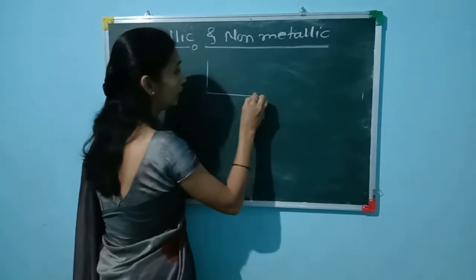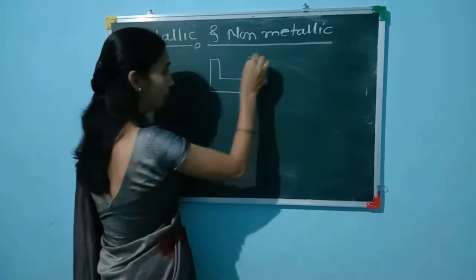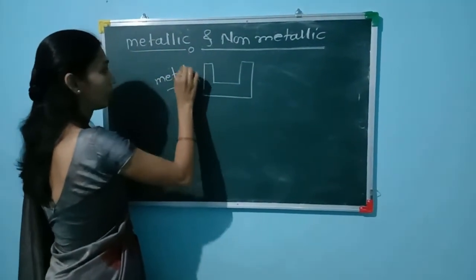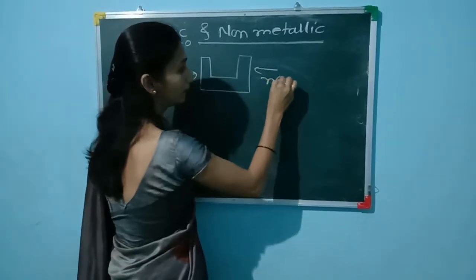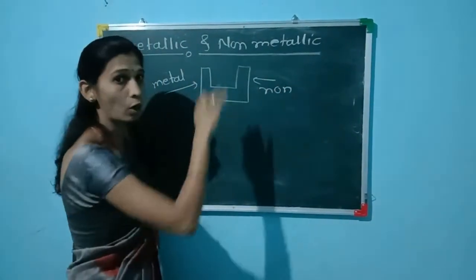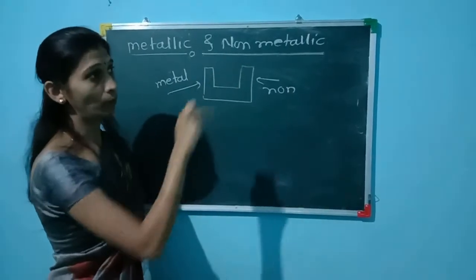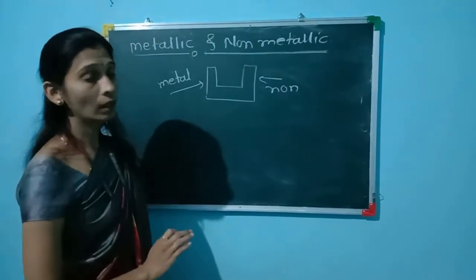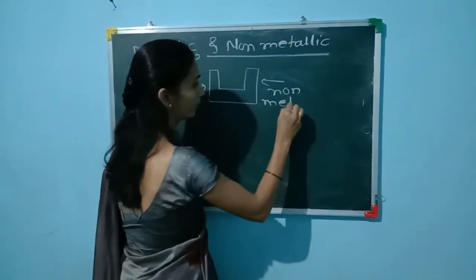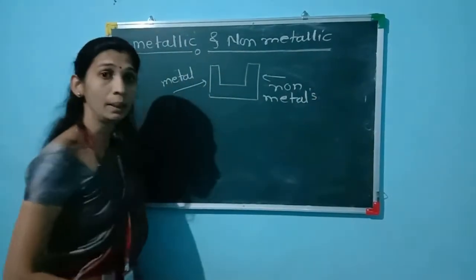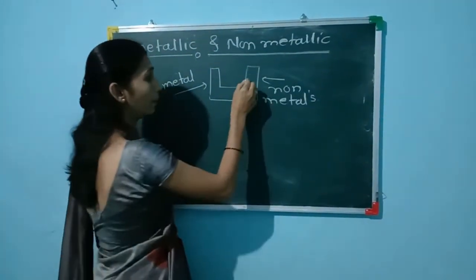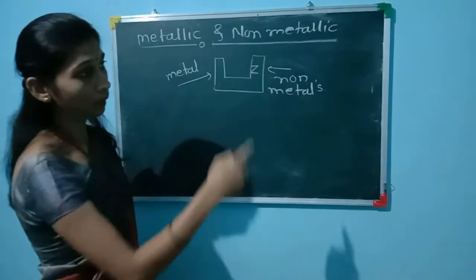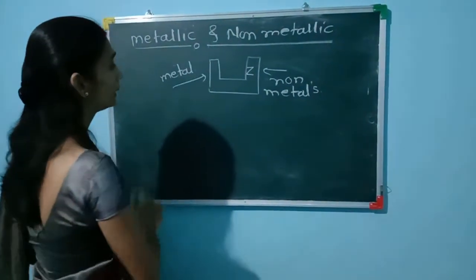In the periodic table, the metals are placed on the left side while the non-metals are placed on the right-hand side. The S block as well as the D block contain metals, and the metalloids are placed in a zigzag manner in the P block.